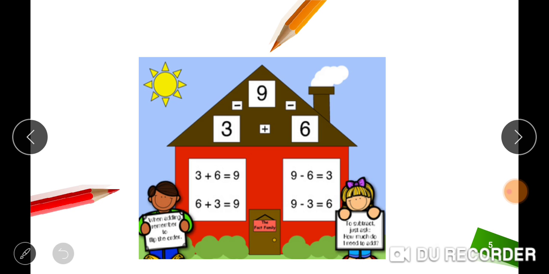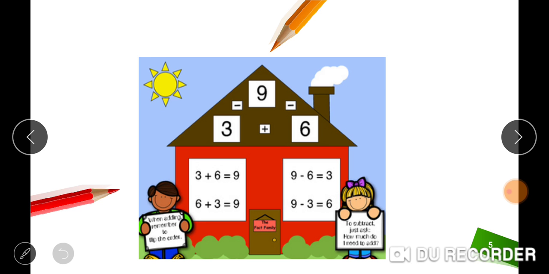Every family bonds together, every family stays together in a house. But this particular family has just 3 in it. These 3 numbers will be solving 4 problems every time.